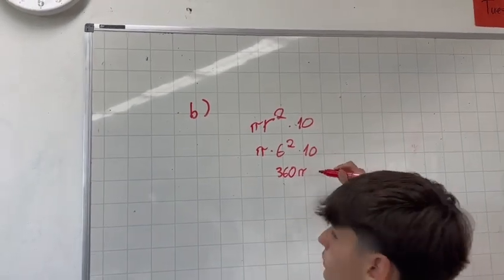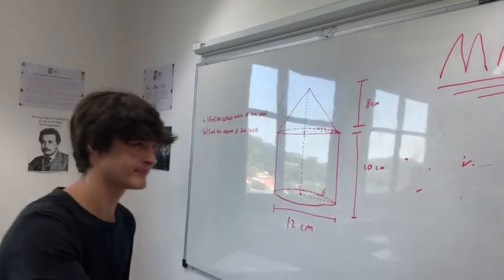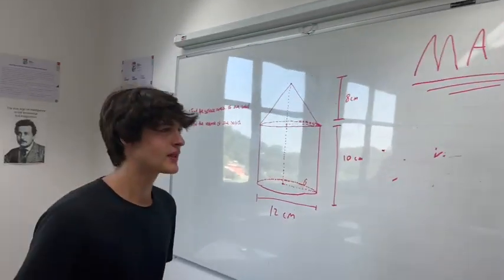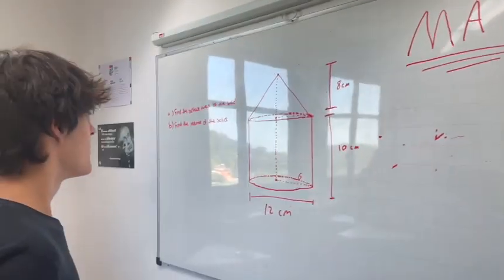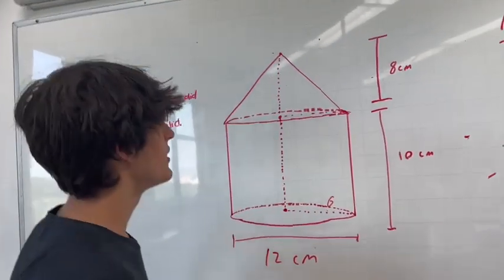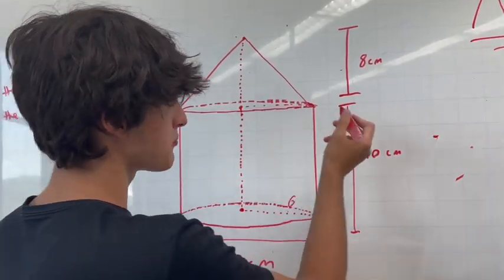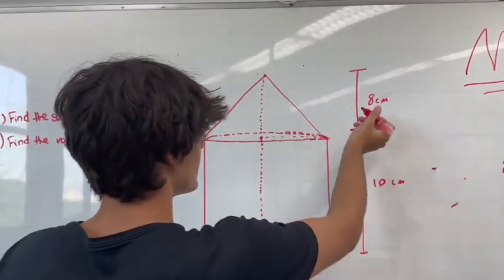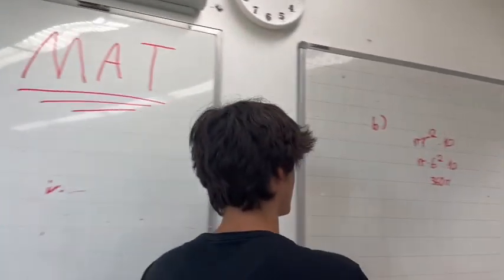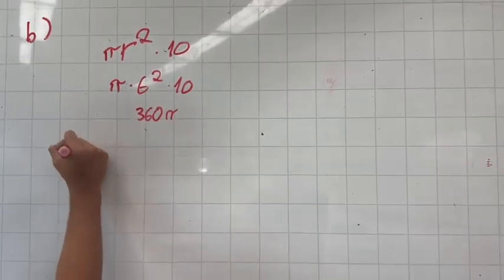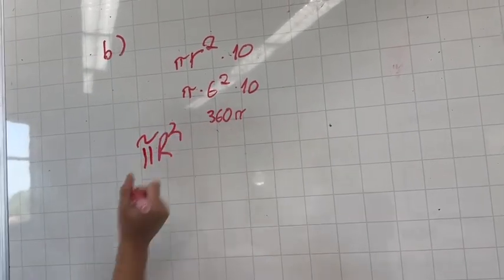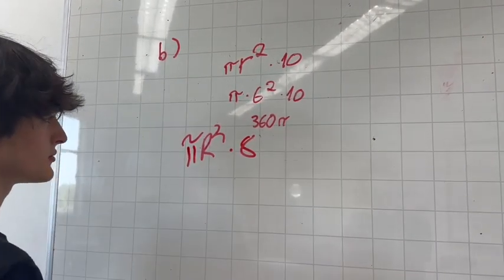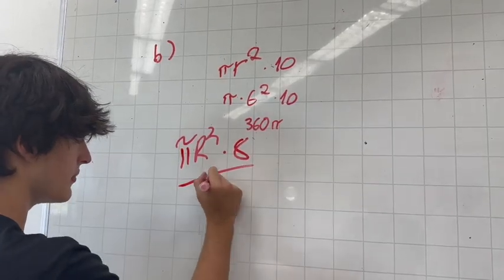And now Eduardo will show you how to do the cone. Go ahead, Eduardo. Okay, so the cone is, as we have found in our investigation, pretty much like a cylinder. Here we have the height 8, so it is pi r squared, which is the base area, times the height, which in this case is 8, and then divided by 3.